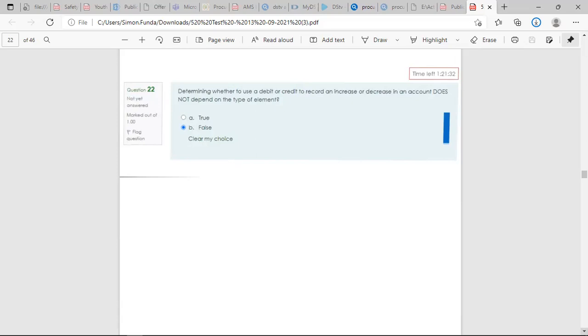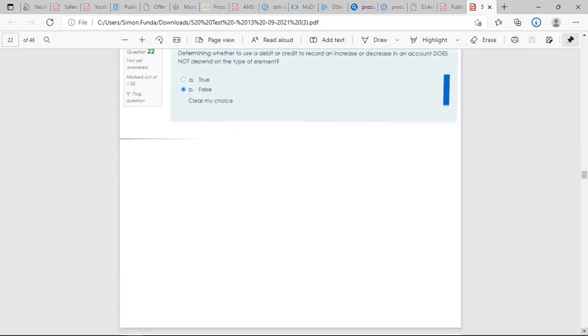In case it's false, it has to depend on the transaction. So this one is also straightforward. So it has to depend on the transaction or the element.